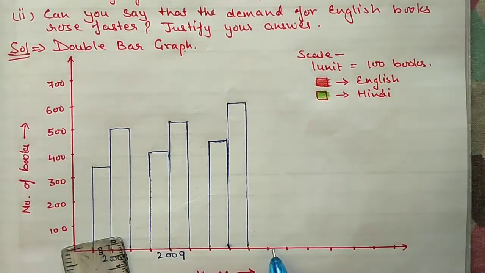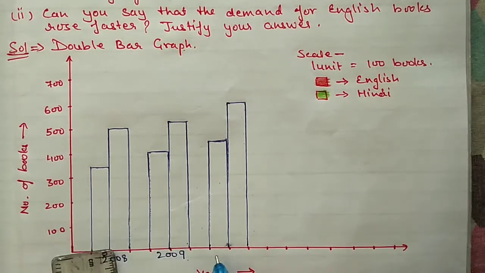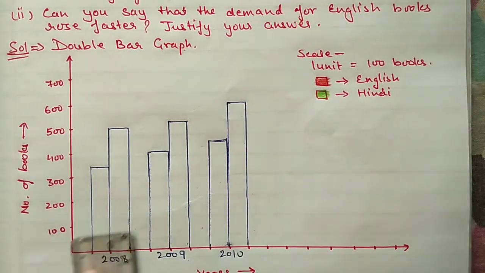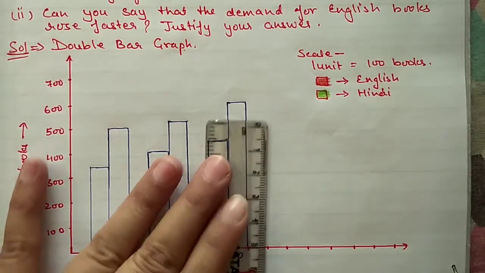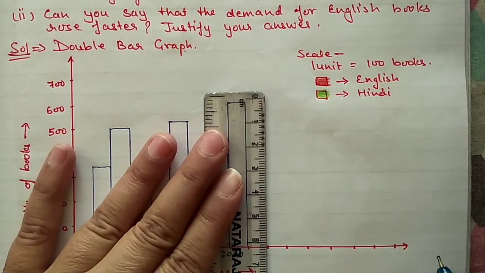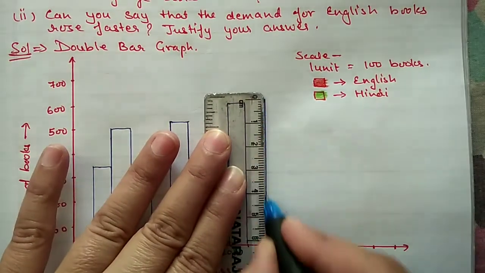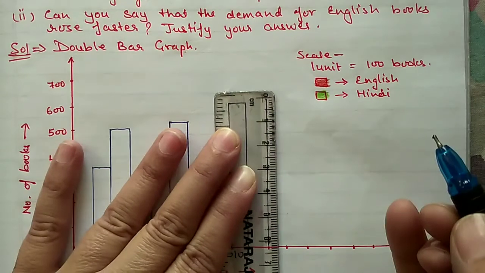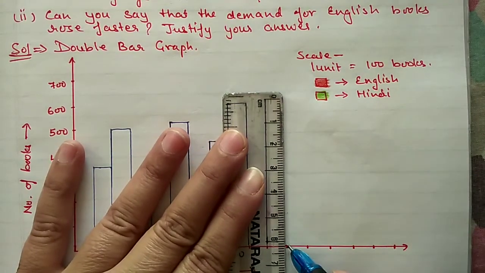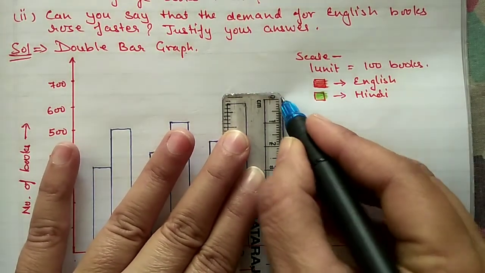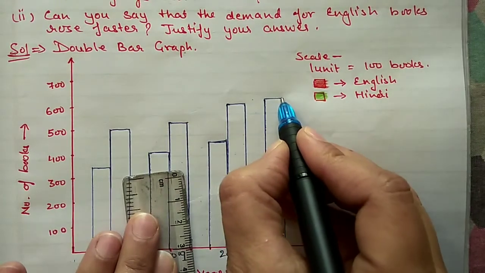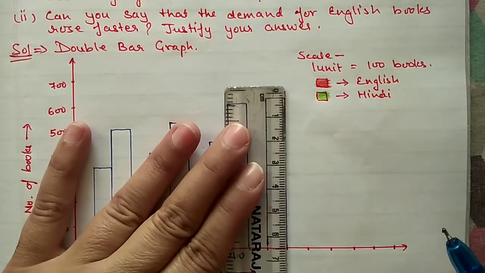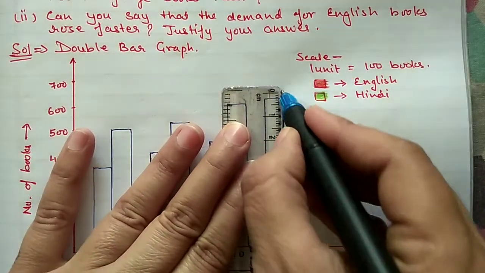Again leave one block and then represent for 2011. First English 620 means after 6, 2 more gap. And then for Hindi it is 650 means 6.5.